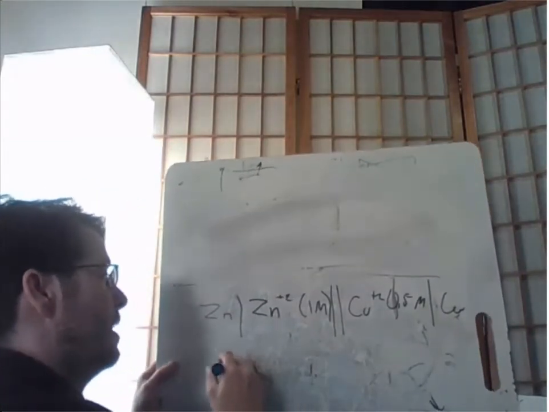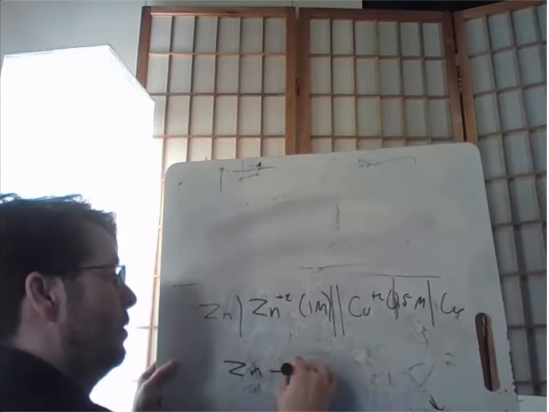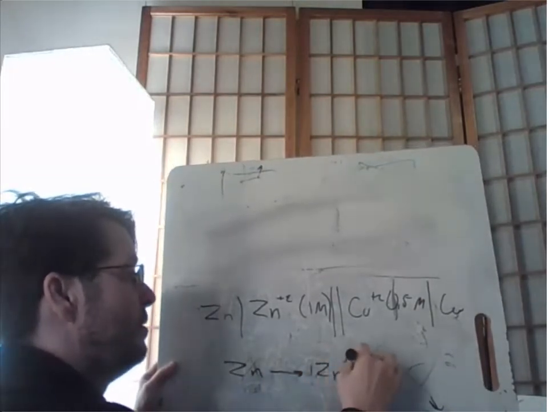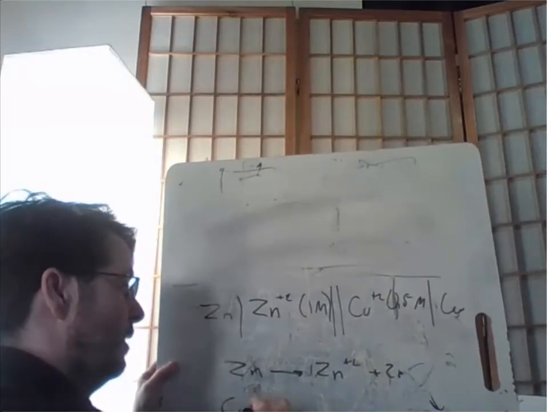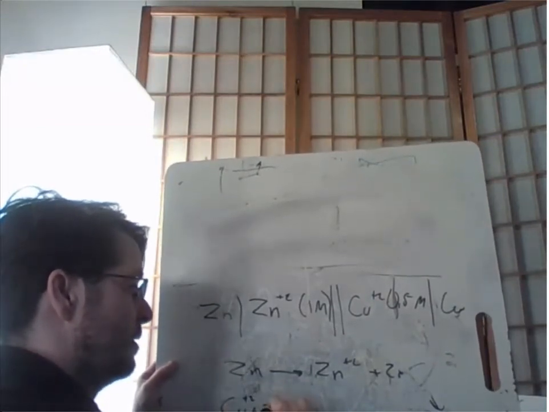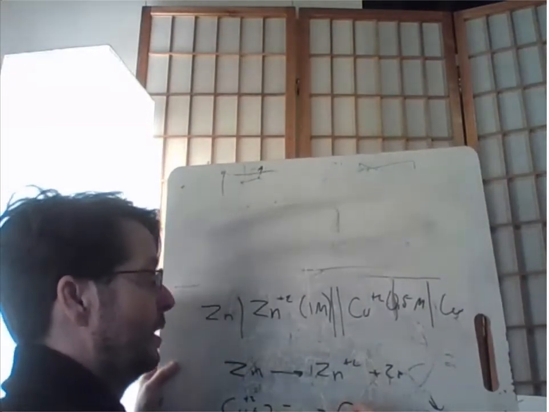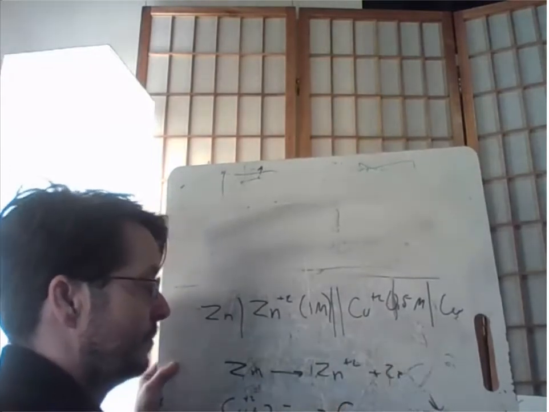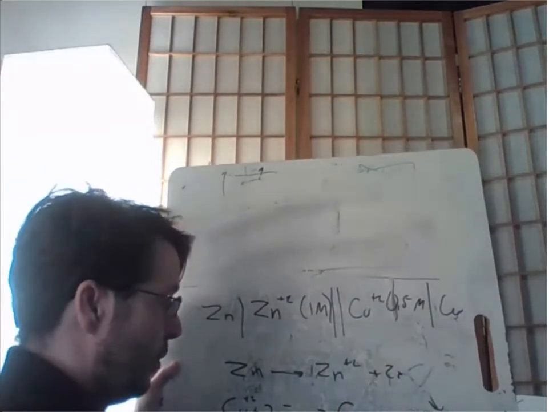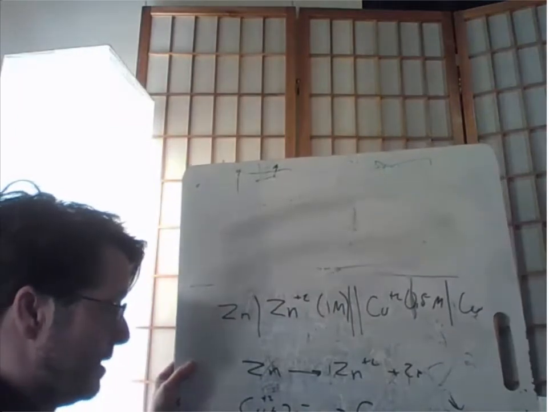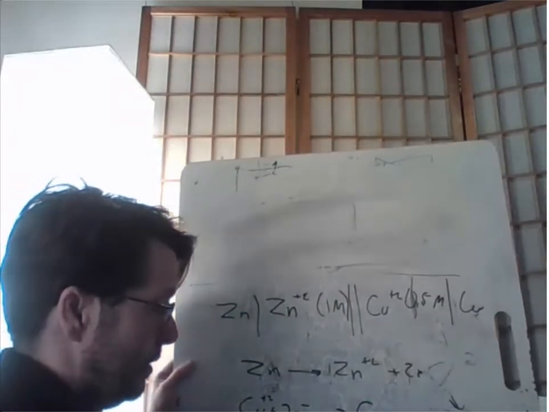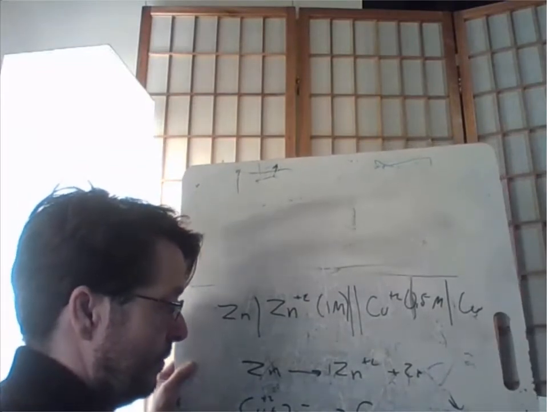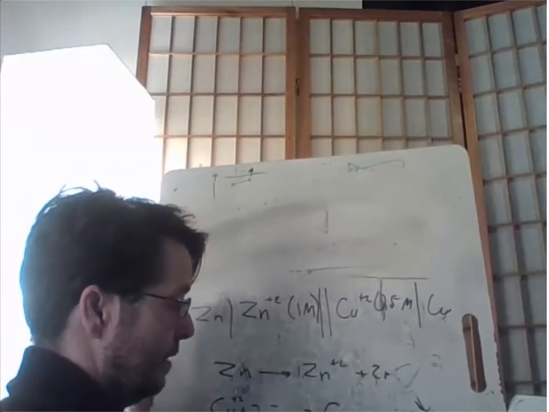So this is our oxidation, zinc going to zinc 2+ plus 2 electrons. This is our reduction, copper 2+ plus 2 electrons going to copper 0. So our balanced chemical reaction is zinc plus copper 2+ goes to copper plus zinc 2+.